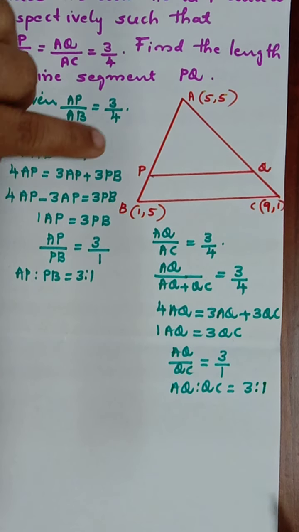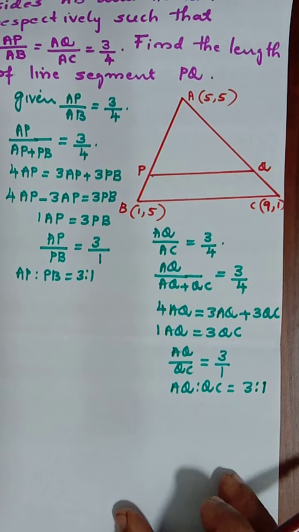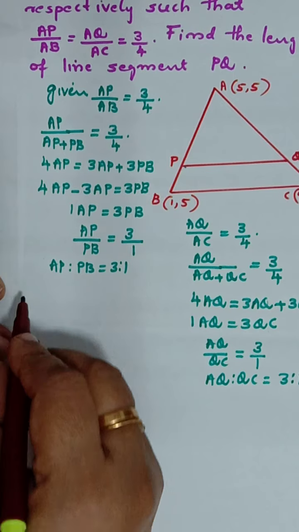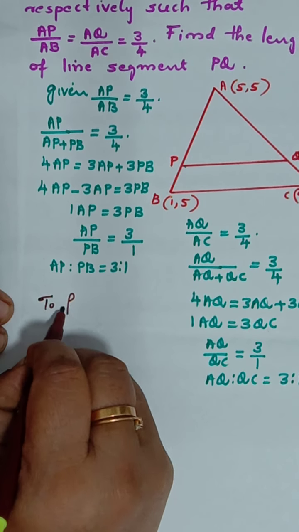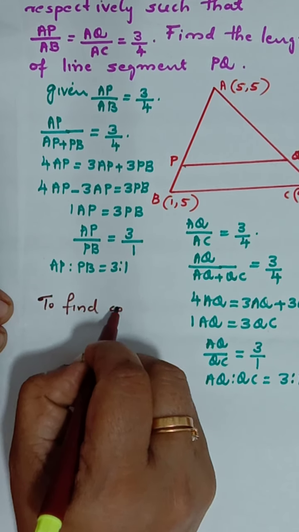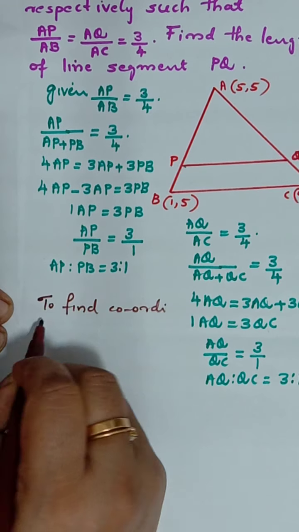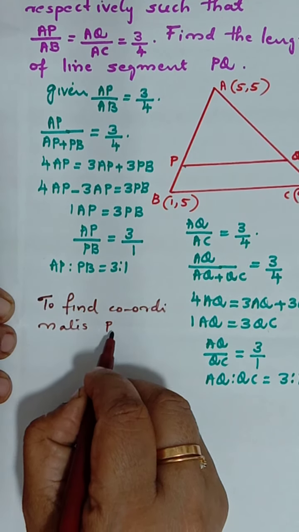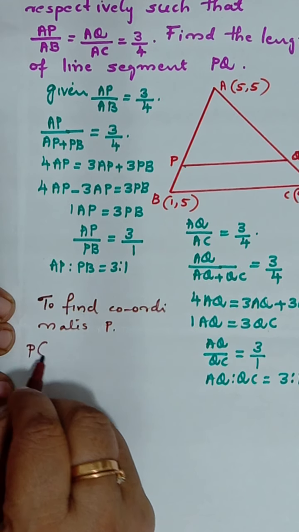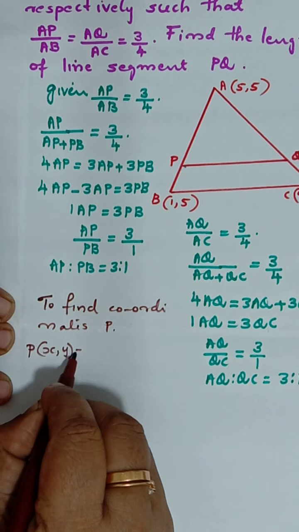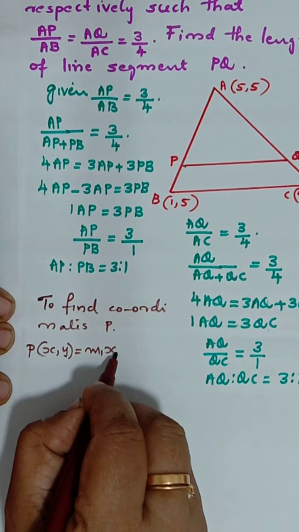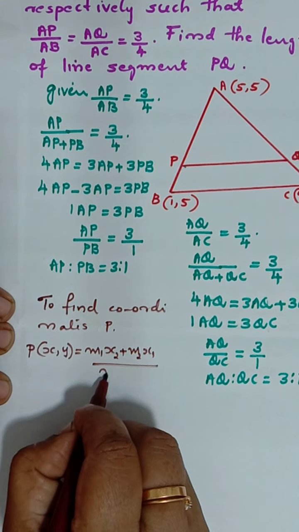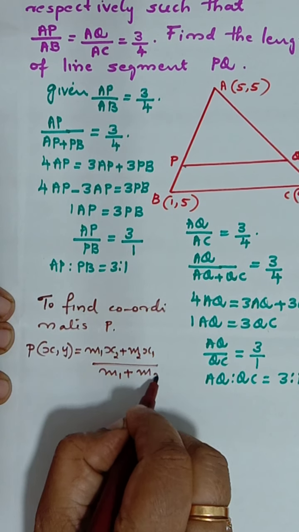Now we are going to find out the coordinates of P, x, y. So to find the coordinates of P, what we have to do? Pxy is equal to m1x2 plus m2x1 divided by m1 plus m2.